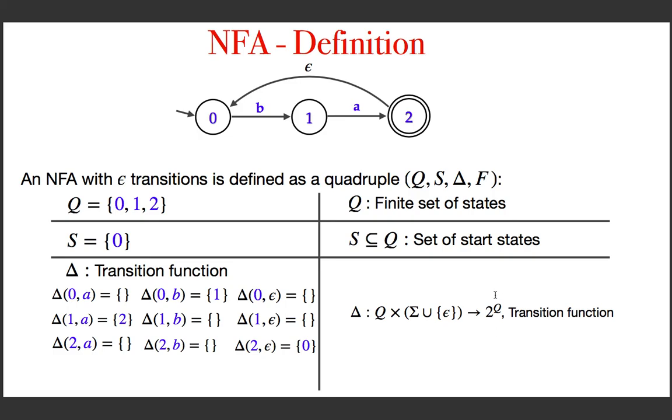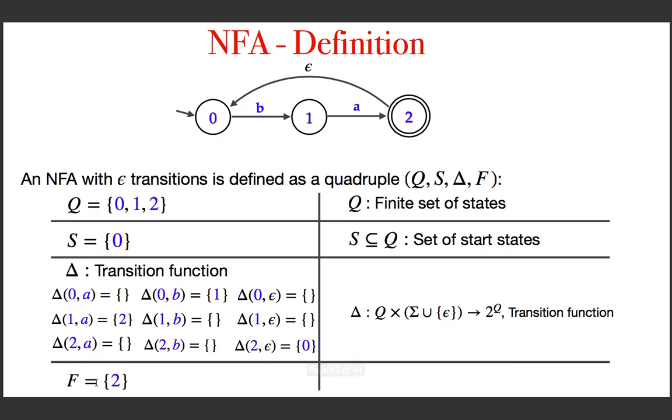And then the last component of the definition is the set of final states. In this example, there is only one final state, state 2. Capital F is the set {2}, which is a subset of Q.